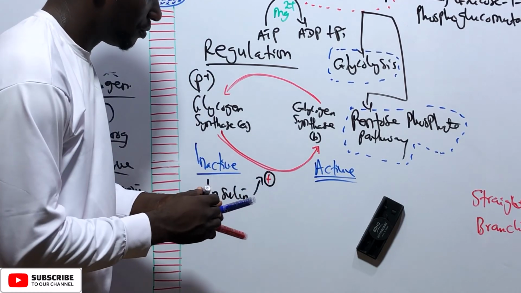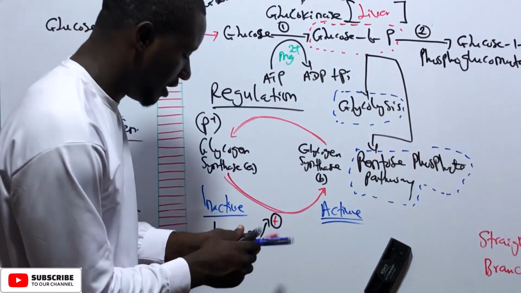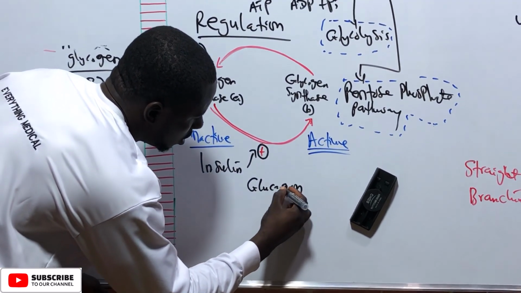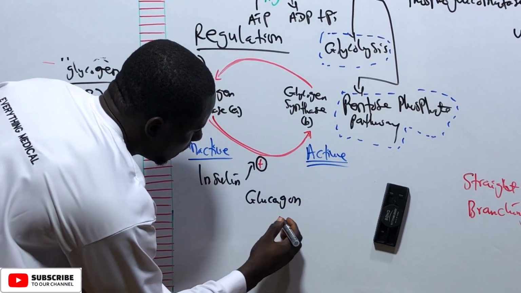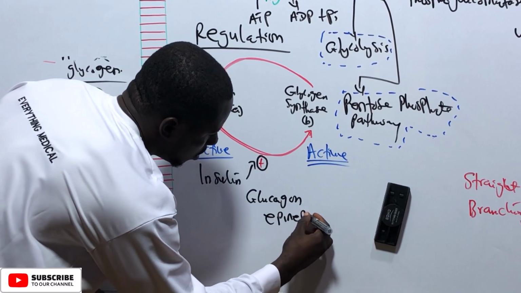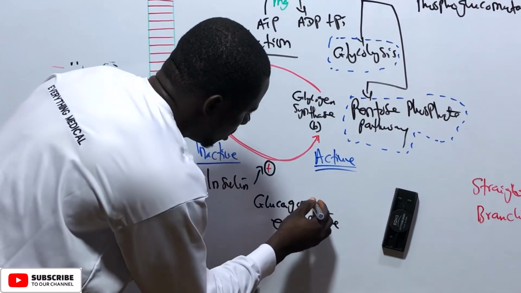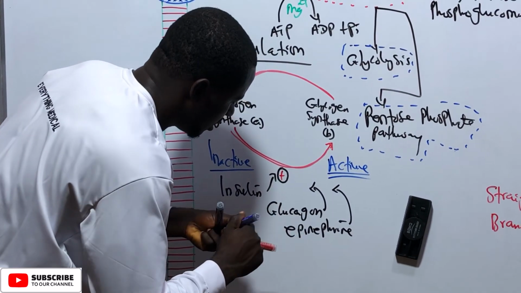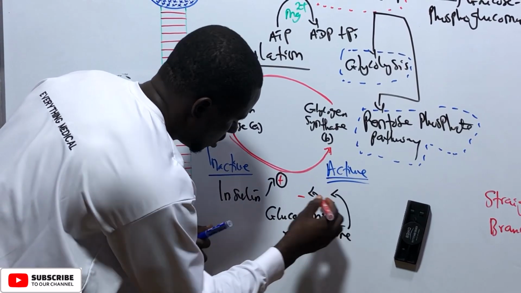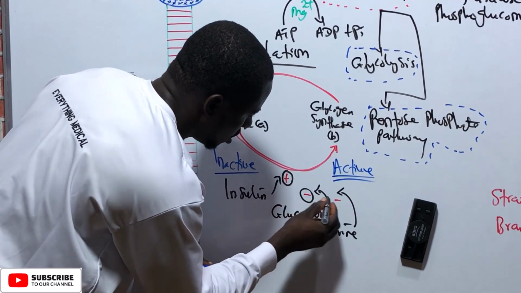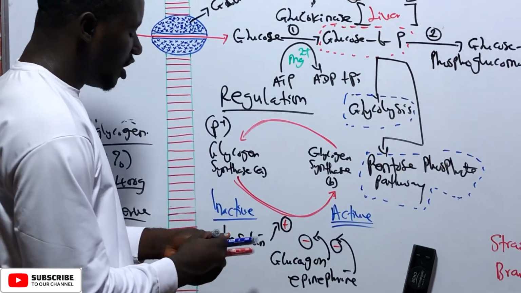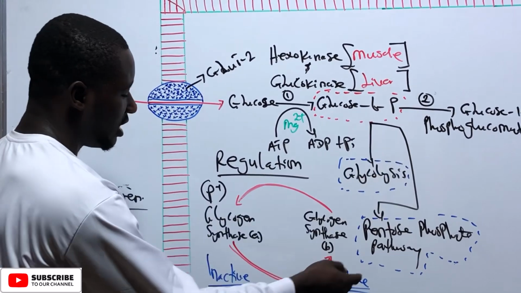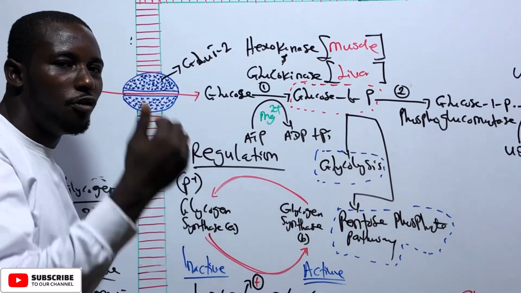While glucagon and epinephrine, what do they do? They inhibit it. Insulin favors or activates glycogen synthase by keeping it in the dephosphorylated state.